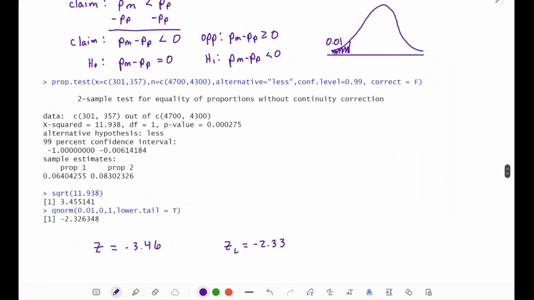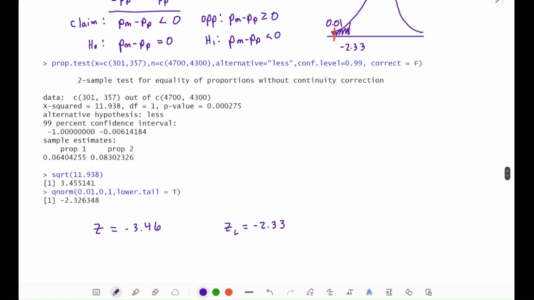So we go back up to our picture, the negative 2.33 represents that cutoff line. And negative 3.46 is over here in the shaded region. So that tells us our decision is to reject the null and support the alternative.